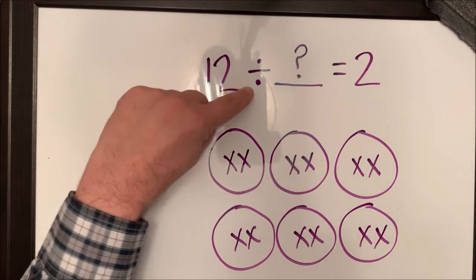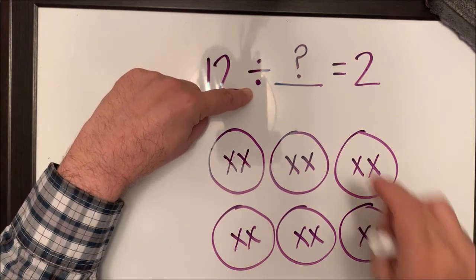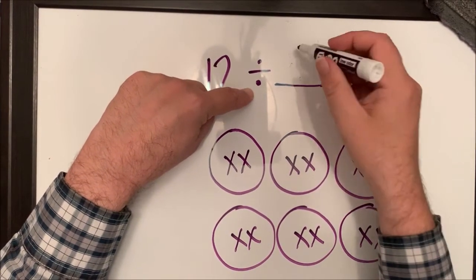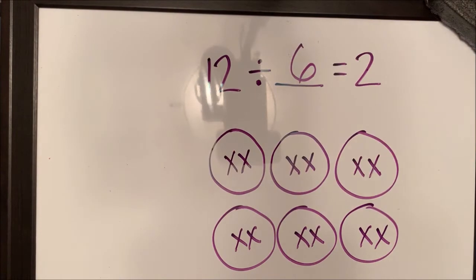So 12 divided into 6 equal groups will equal 2 in each group. So that's one way of solving equations like that.